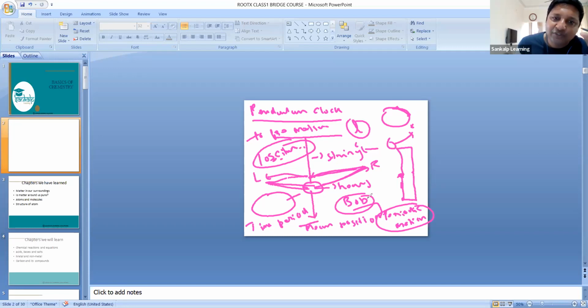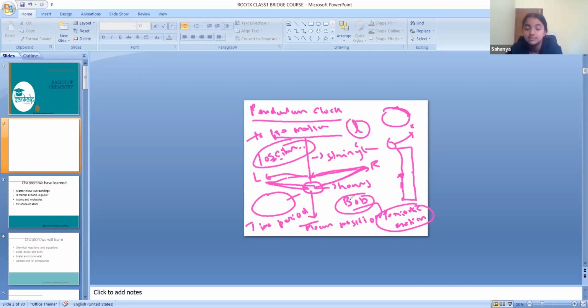Based on the calculation of time period, the simple pendulum was used in the clock to measure the time. You can use it in the daytime and at night, and no person is required to monitor. Once you set the pendulum in motion, you only need to supply energy.